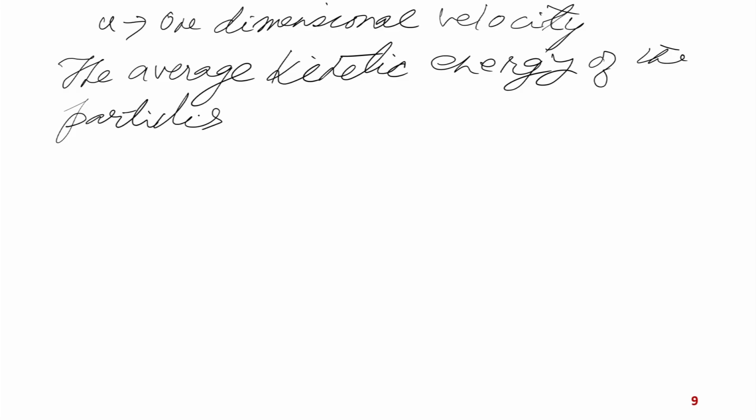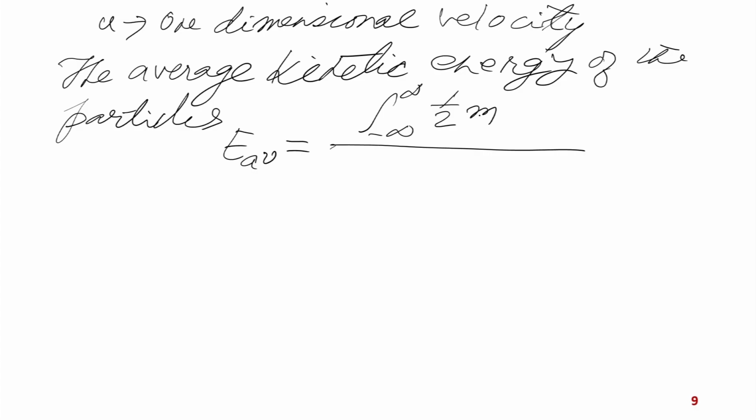Using the Maxwell distribution function, I can write E average as the integral from minus infinity to infinity of half m u square multiplied by the distribution function f(u) du, divided by the integral from minus infinity to plus infinity of f(u) du.